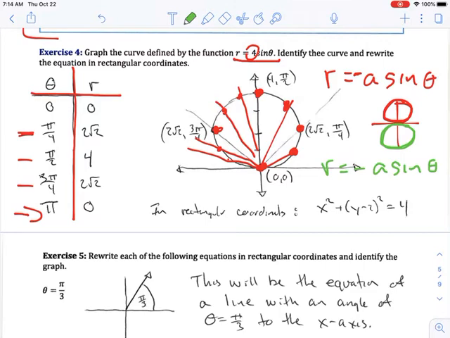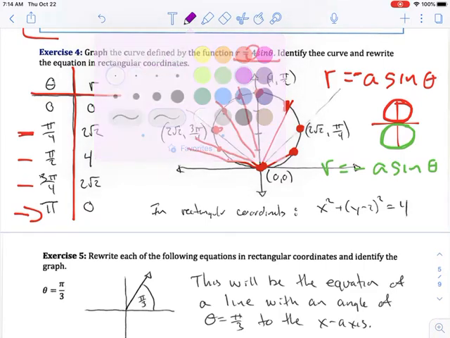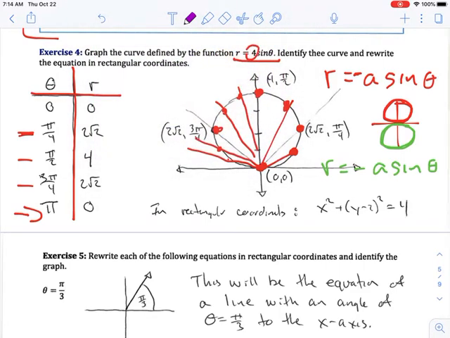And likewise, just while we're on the subject, if we had something in the form of r is equal to a cosine of theta, we're going to find that that's going to be a circle starting at 0, 0, but over here, and then r is equal to negative a cosine of theta, it's going to be over here.